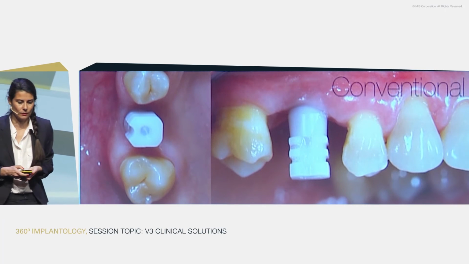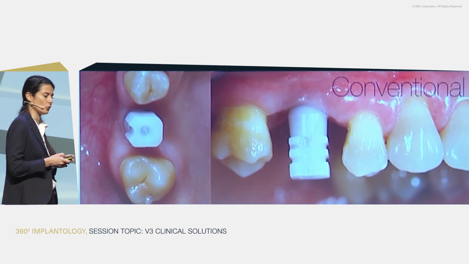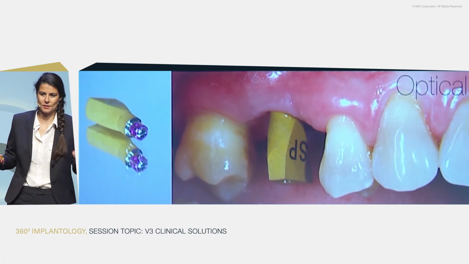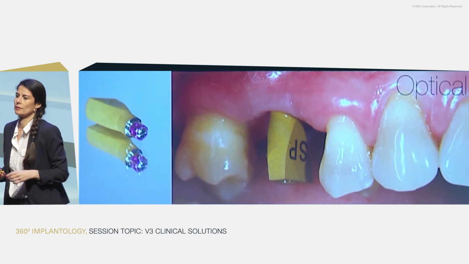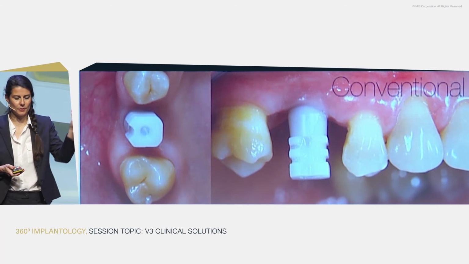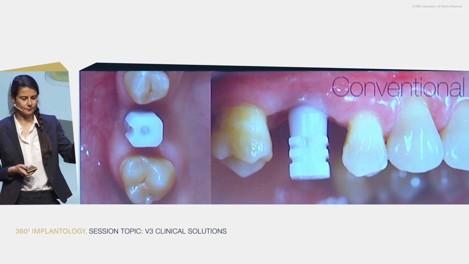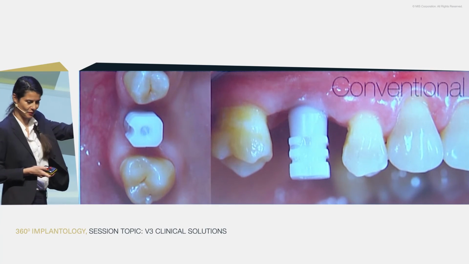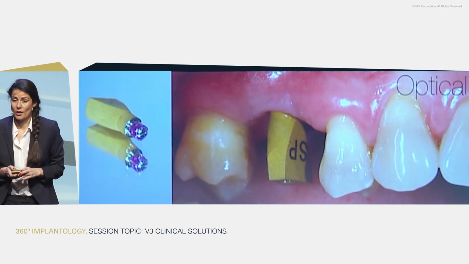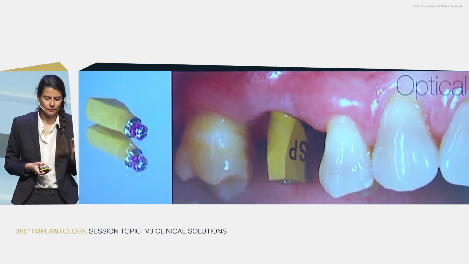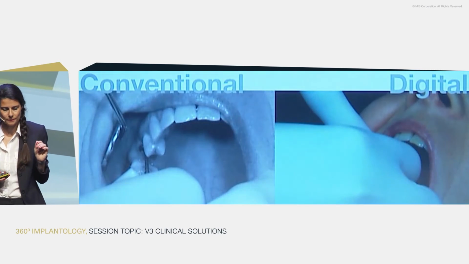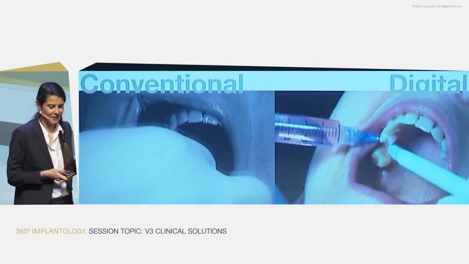Here again, these are preliminary results that I would like to share with you. For the conventional impression, this is the snap-on component that we used. And for the optical impression, we used this scan body that is rough to improve the precision.